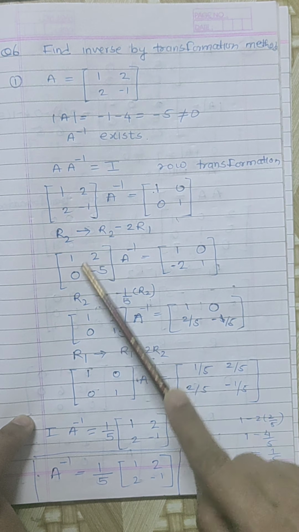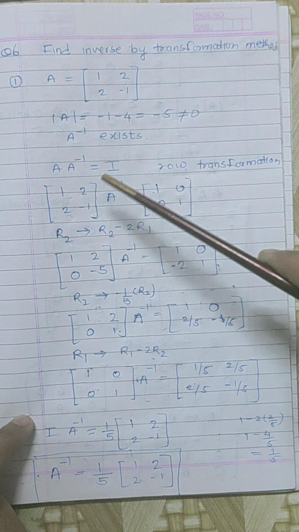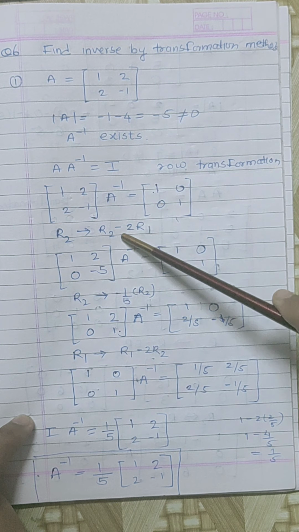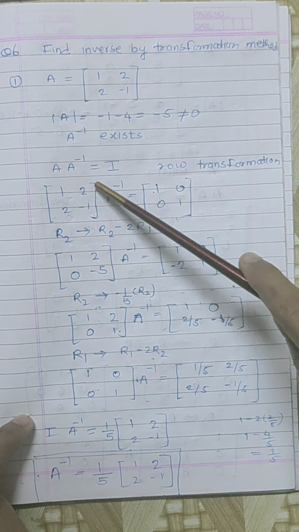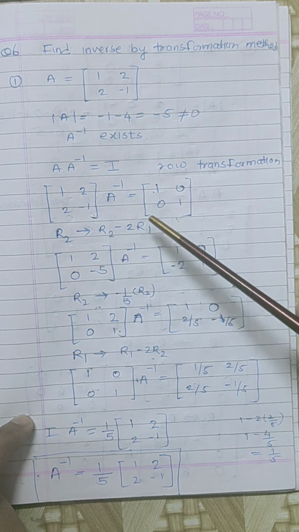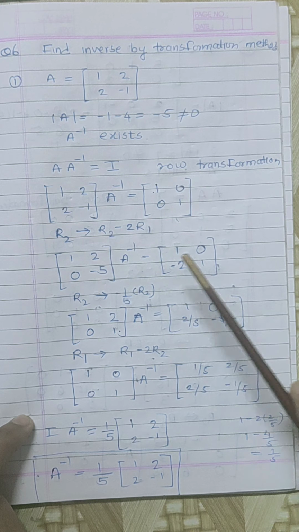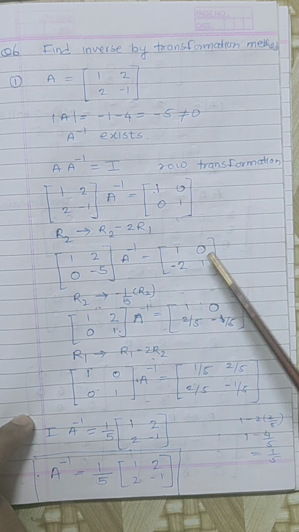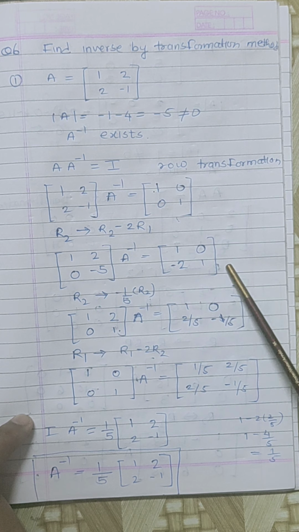So in R2, with this transformation, here we will get 0, and here minus 1 minus 2 into 2. So minus 1 minus 4 is equal to minus 5, into A inverse is equal to the first row as it is, and the same transformation we have to carry out on the right side also.